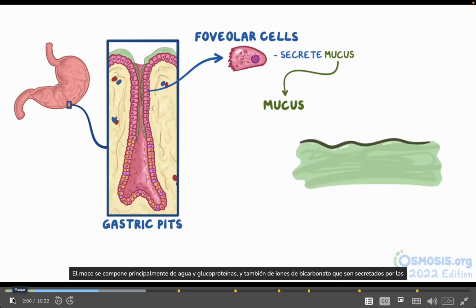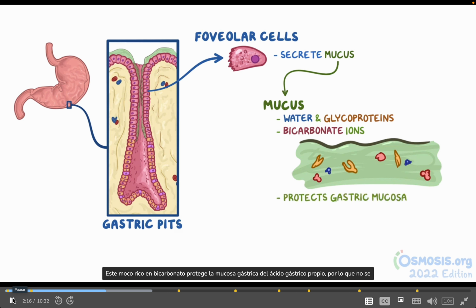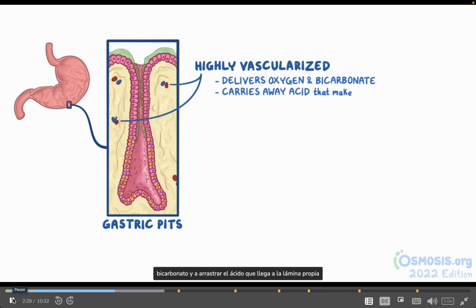Mucus is mostly made up of water and glycoproteins, and also bicarbonate ions, which are also secreted by foveolar cells. This bicarbonate-rich mucus protects the gastric mucosa from our own gastric acid, so it won't get digested along with food. Lastly, the gastric mucosa is highly vascularized, which helps deliver oxygen and bicarbonate and carry away acid that makes it through into the lamina propria.